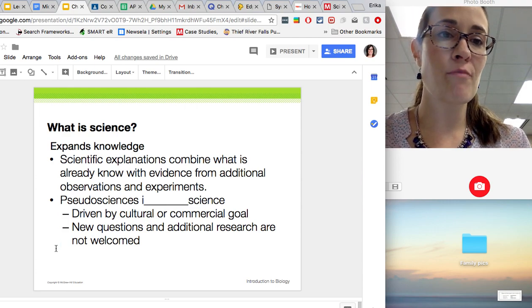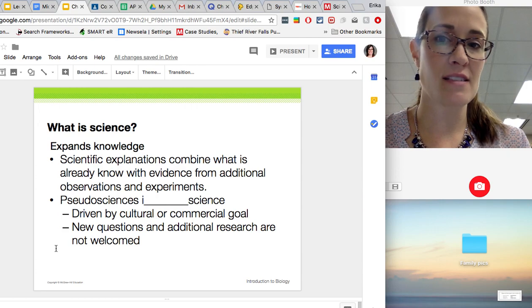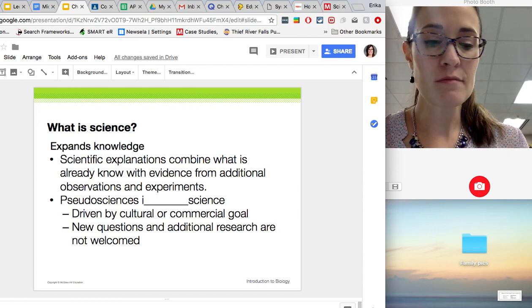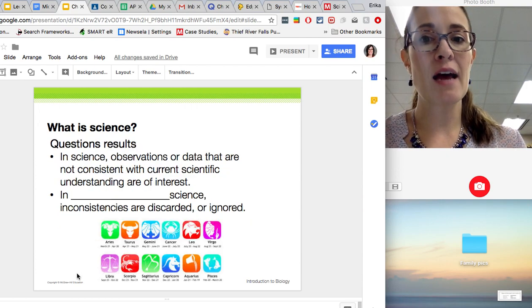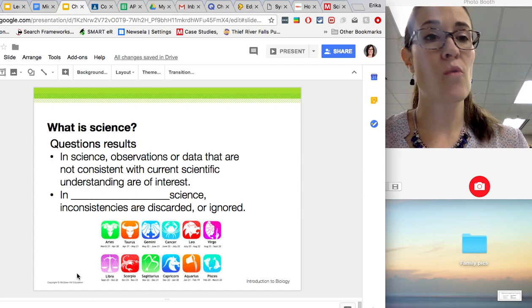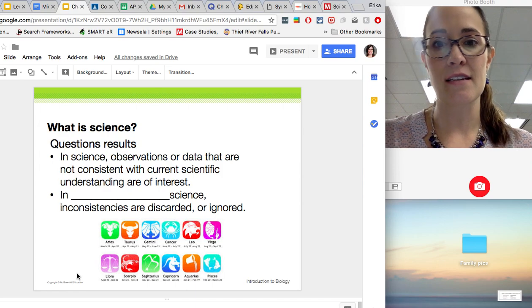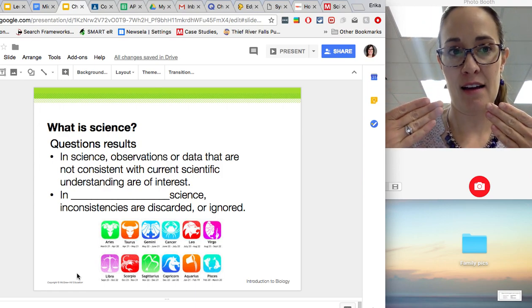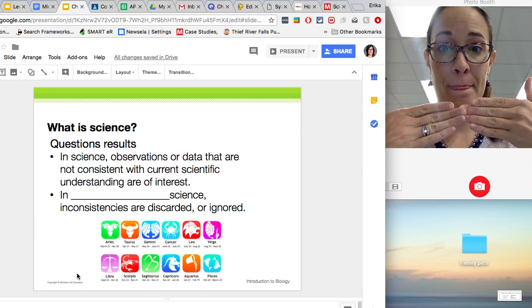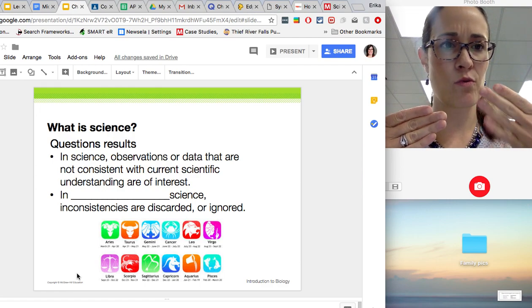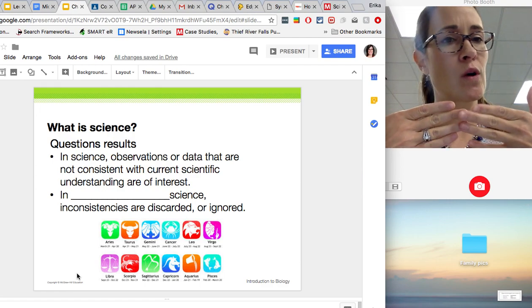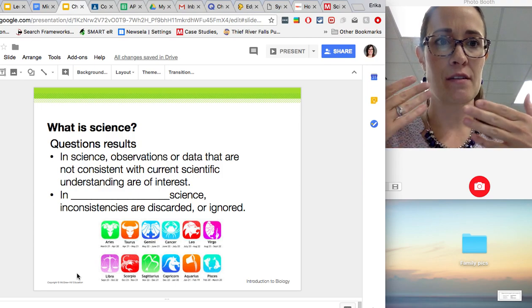When there's new information that maybe discredits it, it's ignored, not welcomed. Science questions results, meaning if you get data that is not consistent with current data, maybe they disagree, that's of interest, okay? So we're going to study that more to see what's the correct answer, okay?